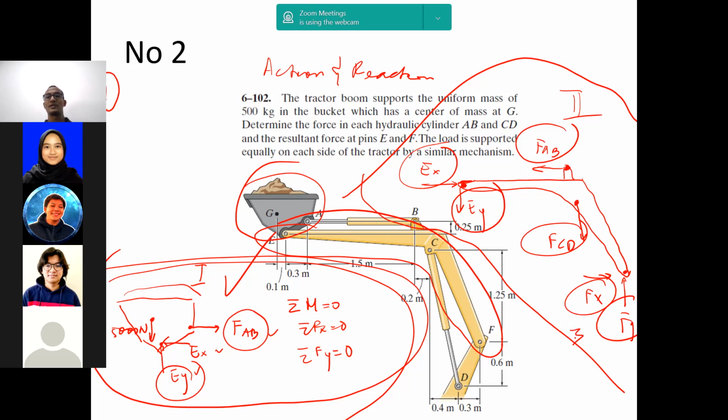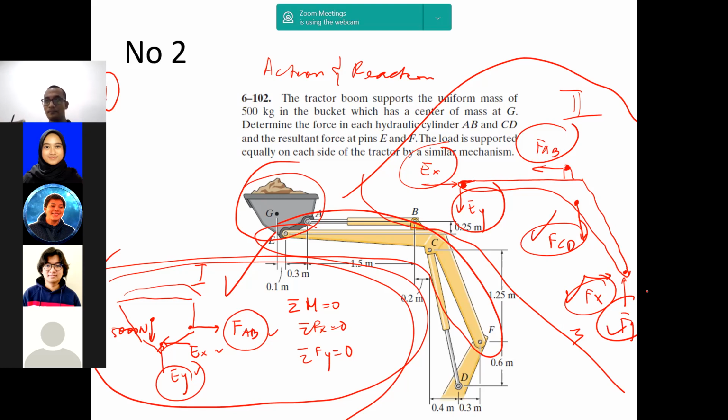How many equilibrium equations do we have in the second free body diagram? Three. So can we solve for FCD, FX, FY? Yes, we can. So that's the way to solve this.